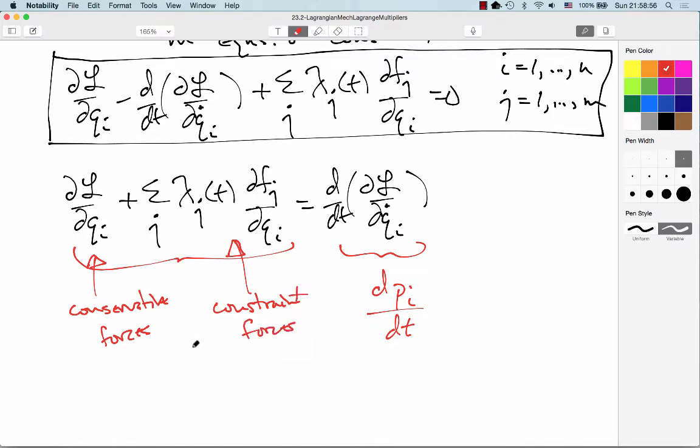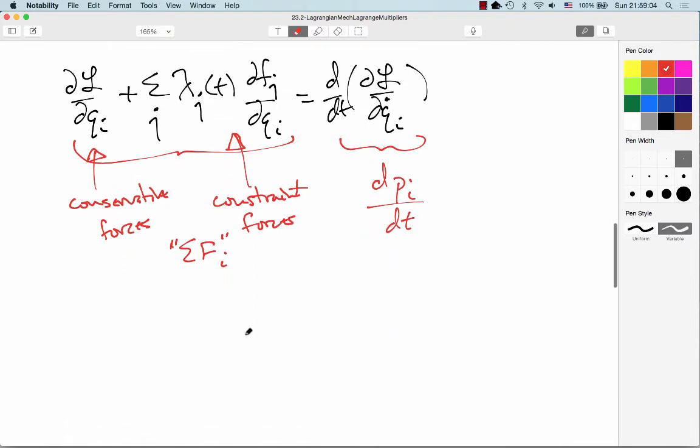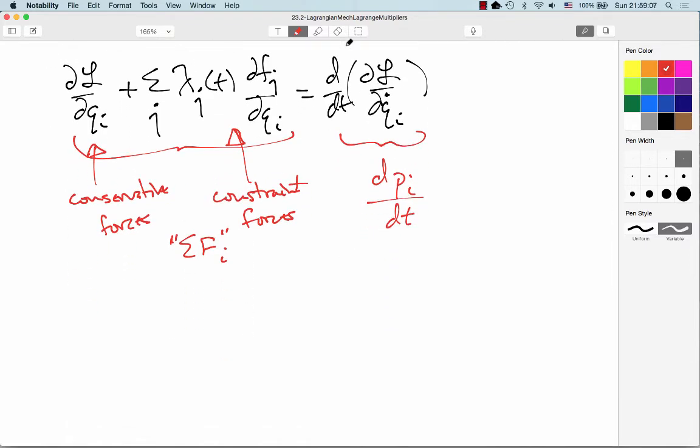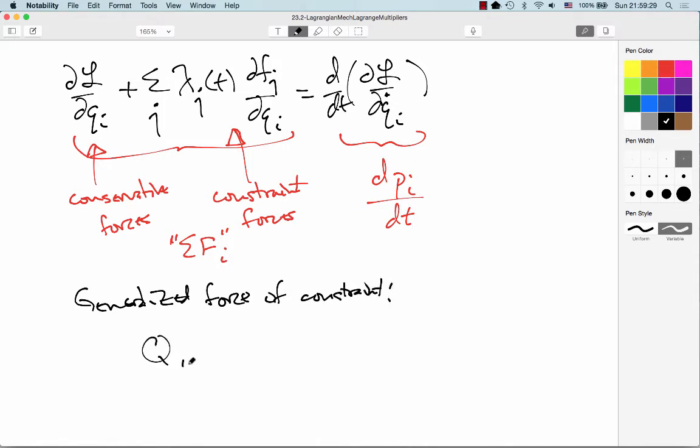So that this whole thing can be seen as a sum of forces. Now we kind of got to put that in quotes because it could be torques, right? So in fact, because it could be torques, we call it the generalized force, or generalized force of constraint. We call it capital Q. Every book seems to do that.